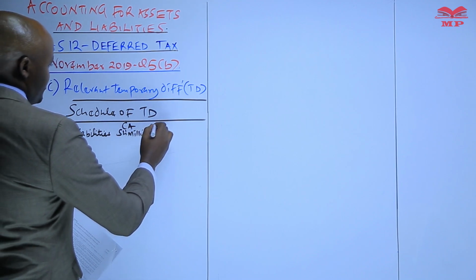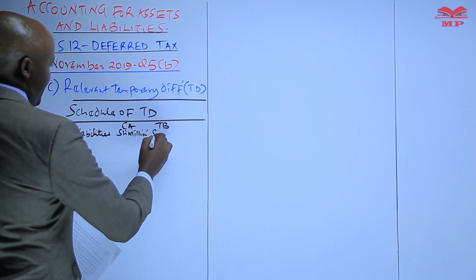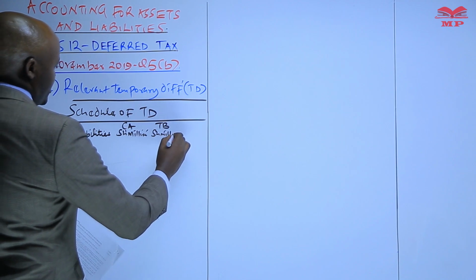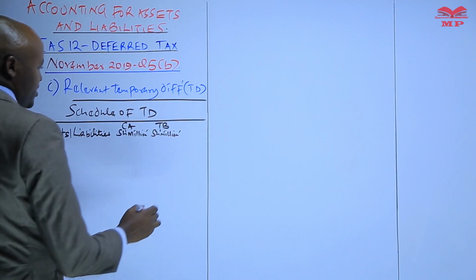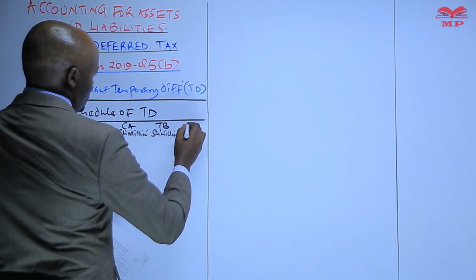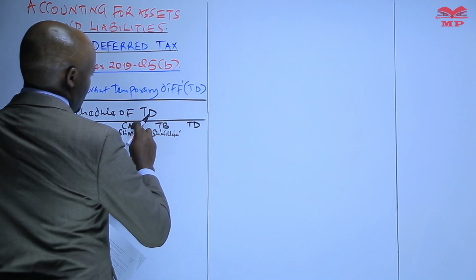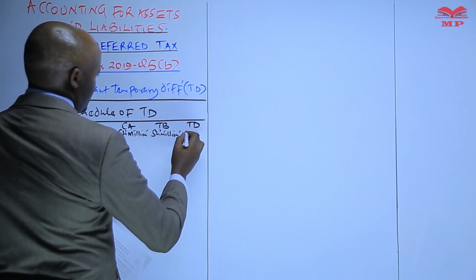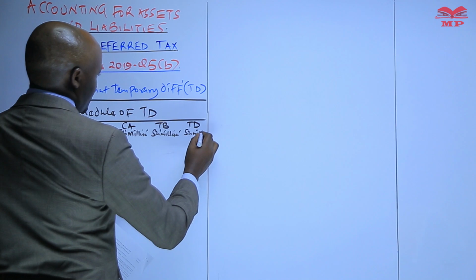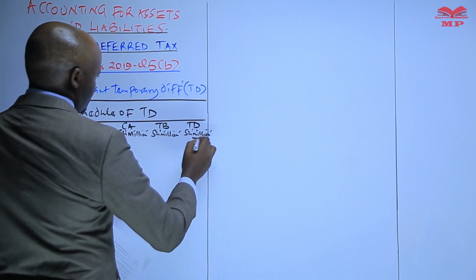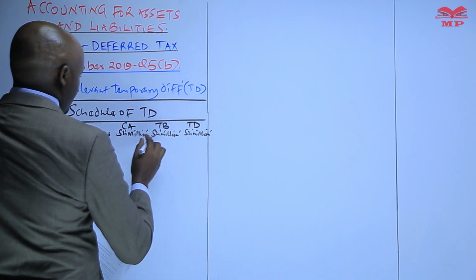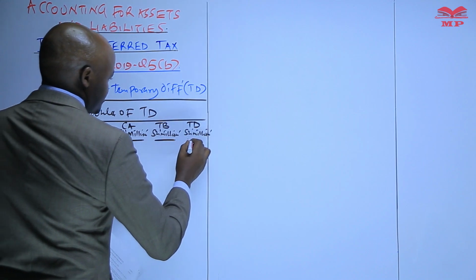The other column will be for tax base, TB. Equally, we indicate that the figures are in millions of shillings, and the last column would be for the difference between the two, carrying amount and tax base, which is temporary difference, and this will also be in millions of shillings.